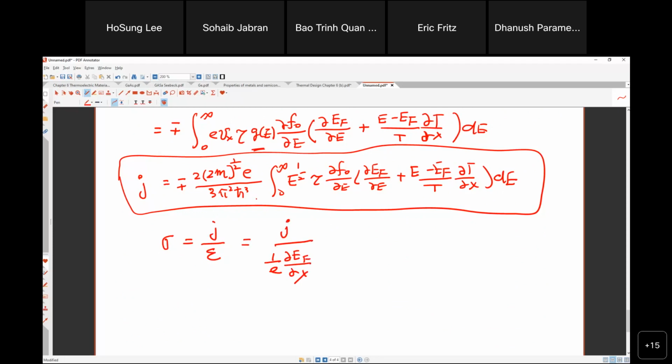You can look at it, and it turns out this M is the density of states.